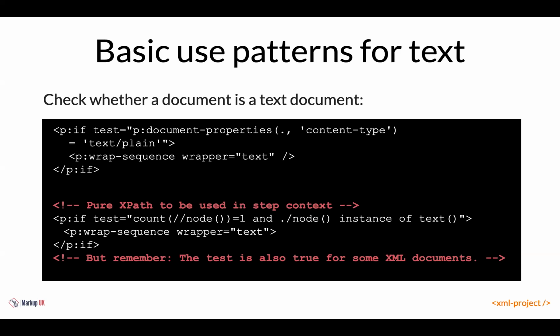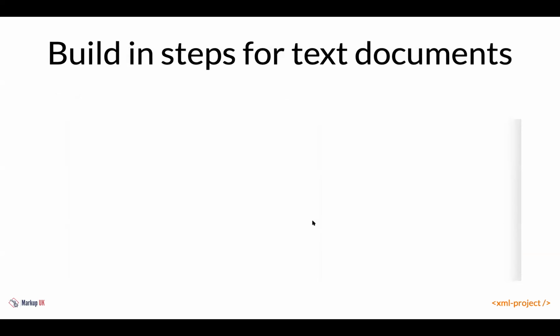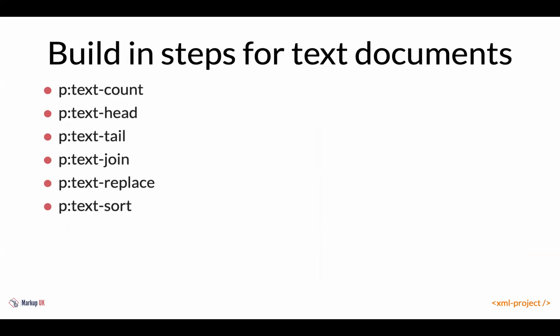And then we have some steps defined for text documents in the standard step library, the library that comes with every conformant processor. We have text-count, which just counts the lines in the text document, which might be handy sometimes.